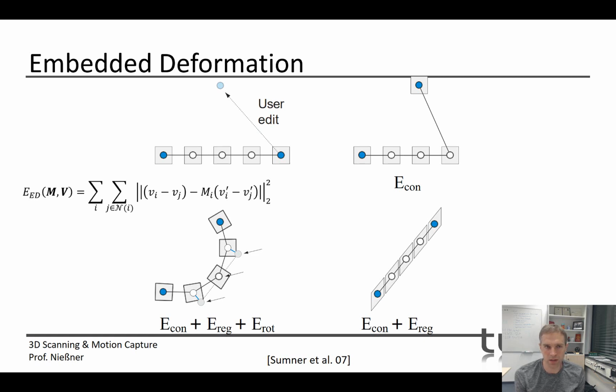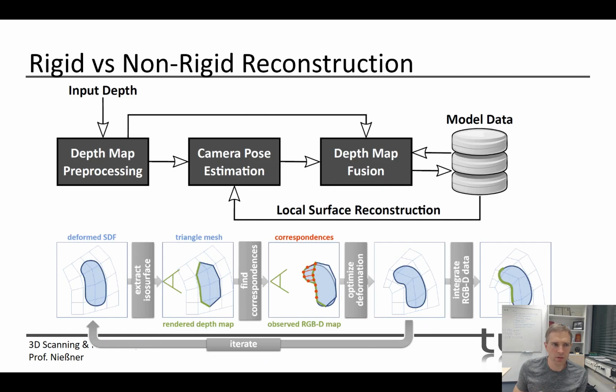And then later on, we used these deformation priors in order to do non-rigid reconstruction, for instance, in the work of DynamicFusion and follow-ups, where basically the idea, similar to rigid reconstruction, is to have this kind of online approach where you take a depth map as input, you use the depth map to estimate camera poses, and simultaneously to the camera poses, you also estimate the deformations, and then you integrate these new depth measurements into your shared model at the end of the day.